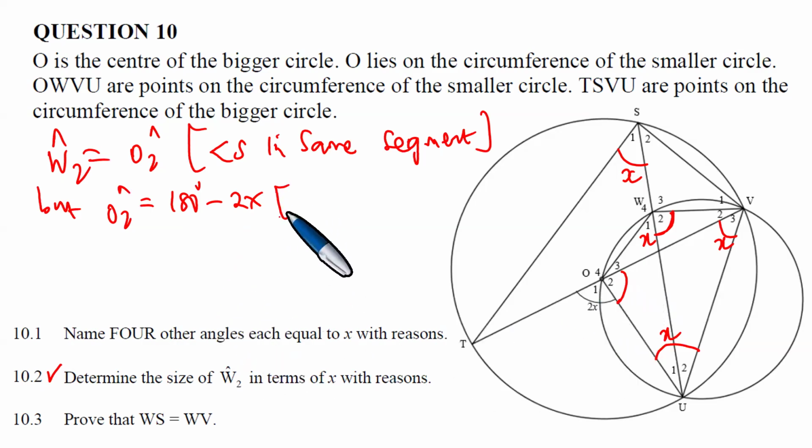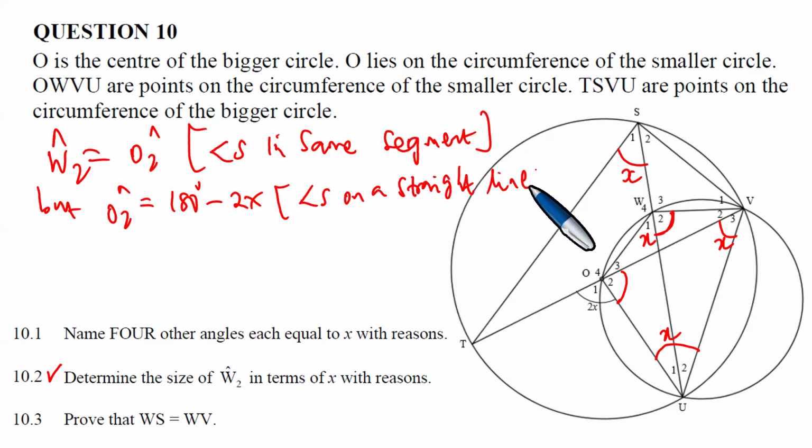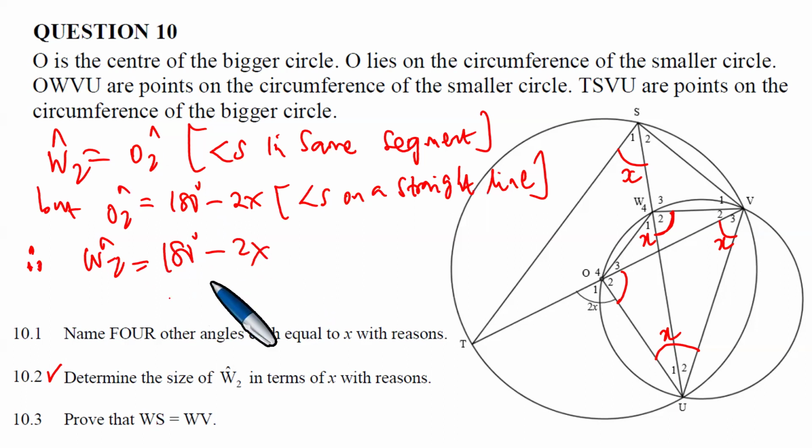And these are what? These are angles on a straight line, like so. And therefore, the angle W2 is O2, but O2 is 180 degrees minus double x, and that is the answer.